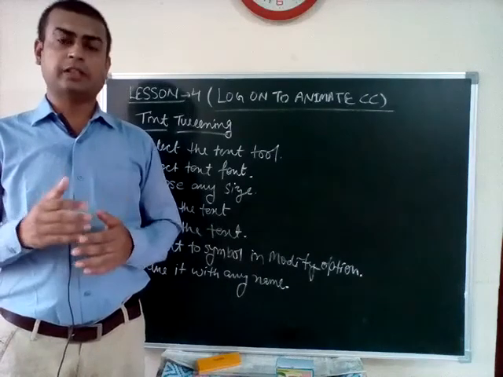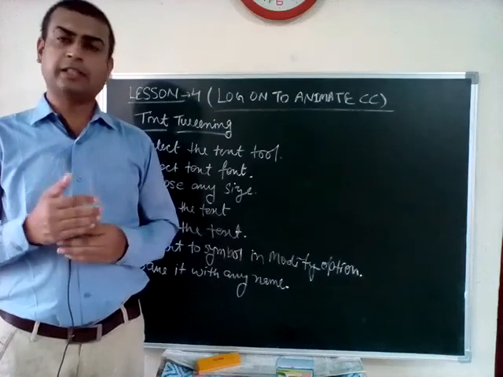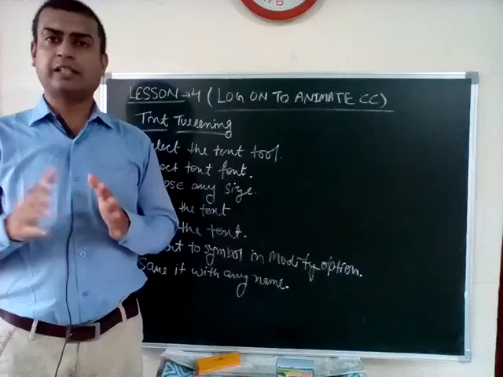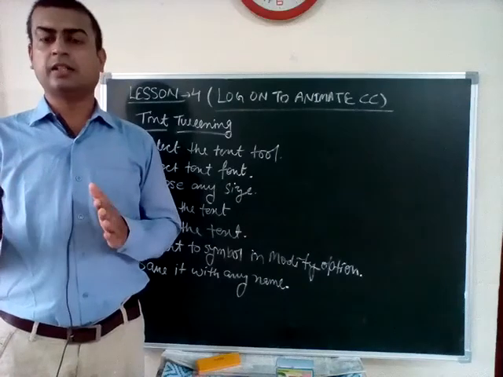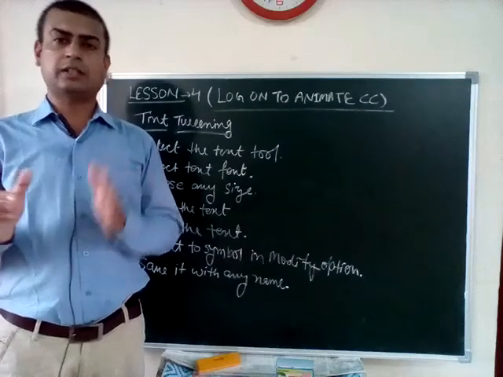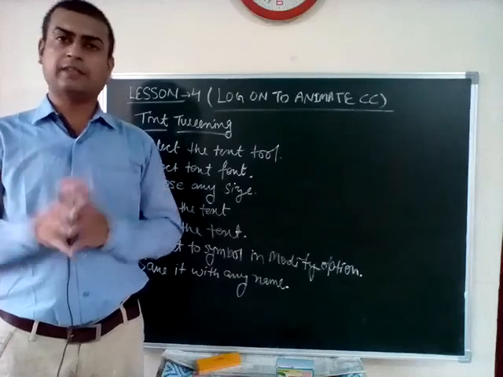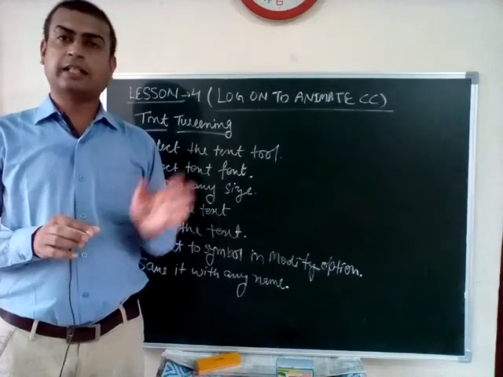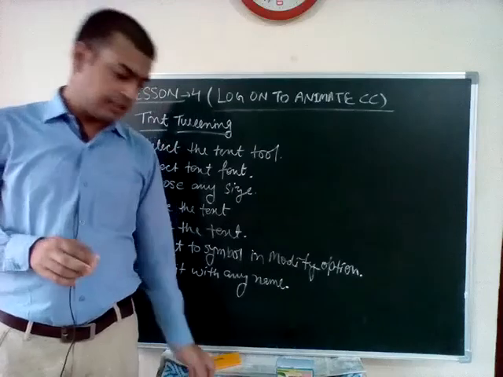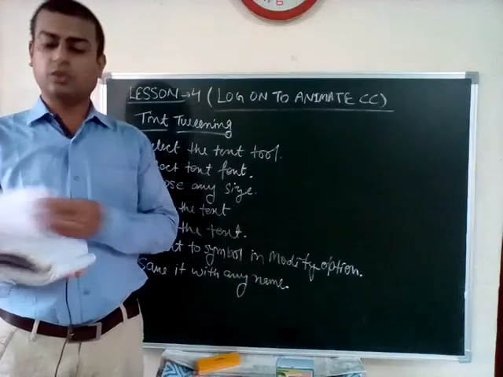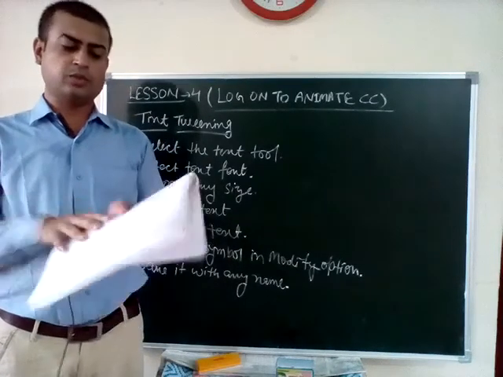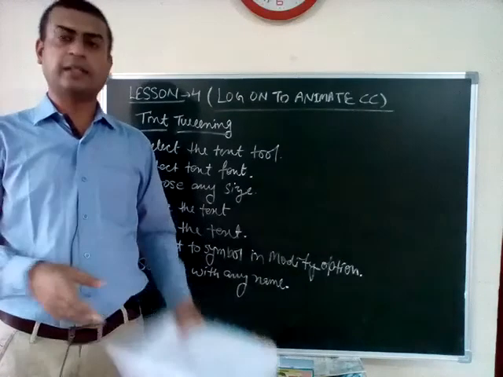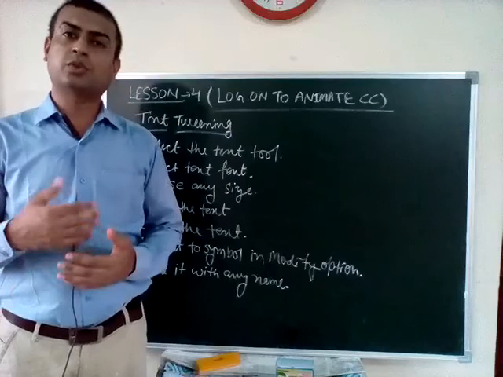So remember this point: first type any text, then in the timeline insert keyframes at 1, 10, 20, 30. Then change the color at every position, then go to the Control option and play the movie. After this the final diagram will be shown to you.